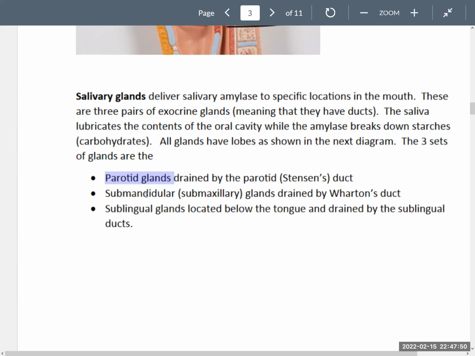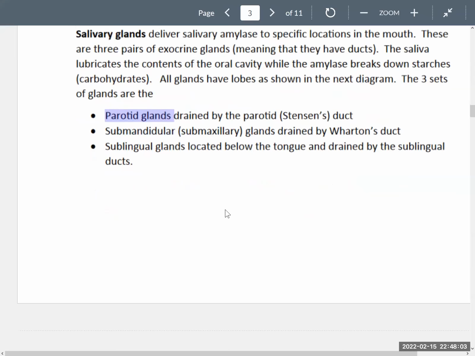Sublingual glands below the tongue and drained by the sublingual ducts, but these vary in number. They all produce the same material, salivary amylase and saliva. The saliva is probably the most important thing that they do because that lubricates the food and makes it easier to swallow.